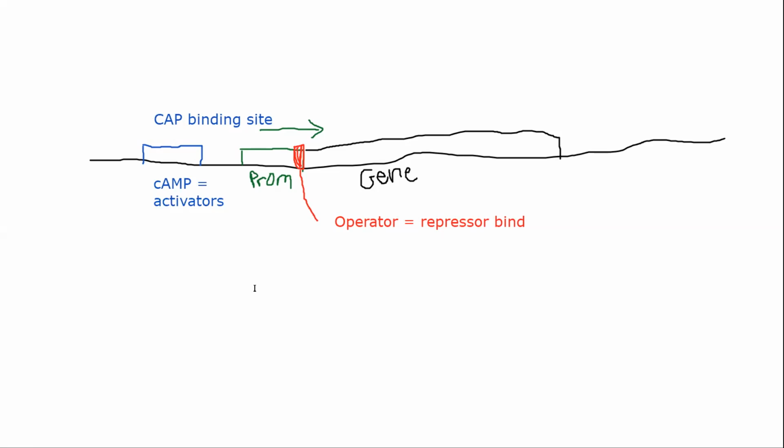Let me type that out. Glucose present equals low cyclic AMP. Glucose absent equals high cyclic AMP.